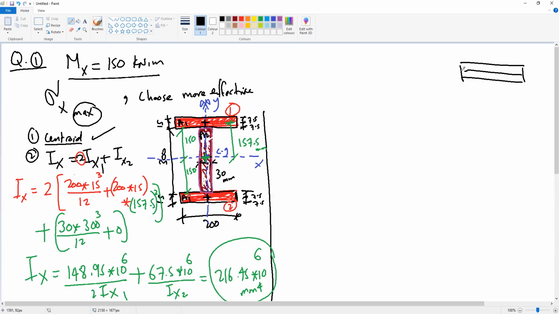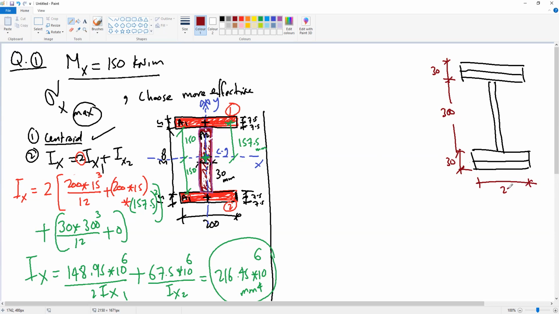The second section is with increased flanges. So the flange is double. So this is the cross section. The dimensions here are 30, 30, and 300 millimeter. And we have here 200 millimeter.